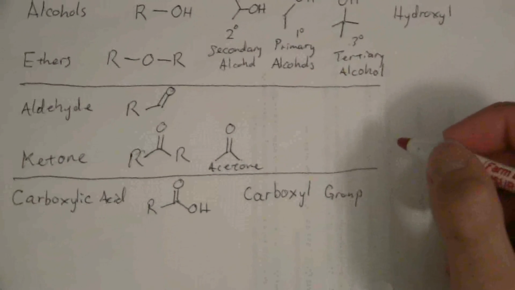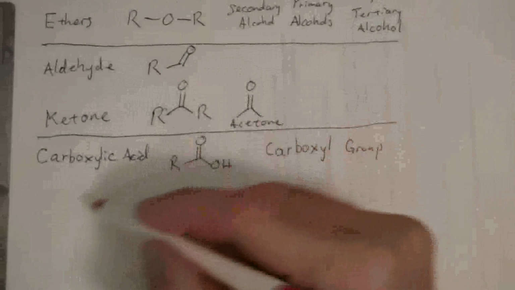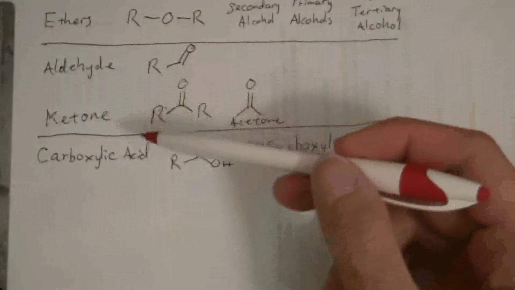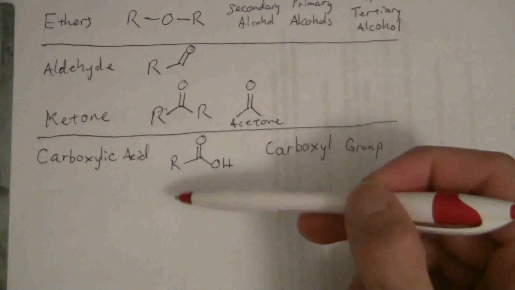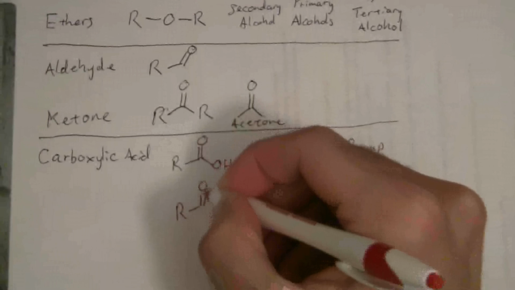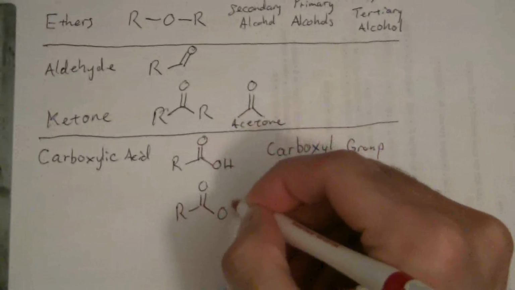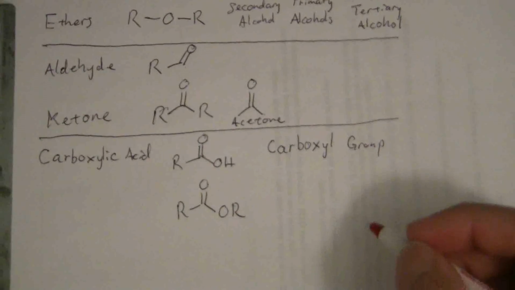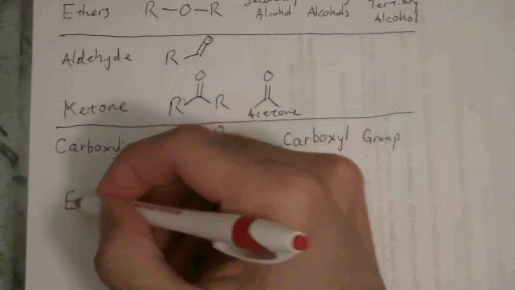Okay, and as an aldehyde is to a ketone, a carboxylic acid is to a compound that looks like this, where I replace that hydrogen with another carbon chain, and that is an ester.